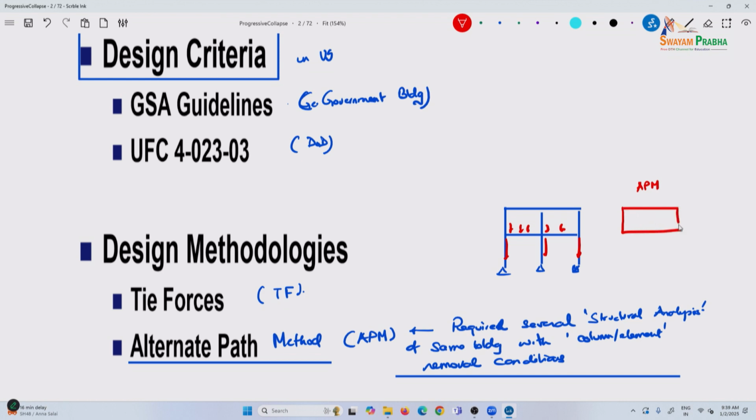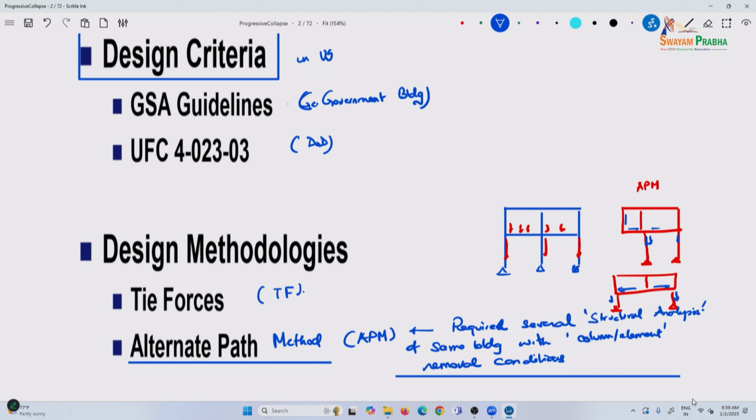Let us say the outer column gets removed or the central column gets removed. These would be two different scenarios you would consider, and we know now the load paths are the alternate load paths. It's a fairly simple idea.